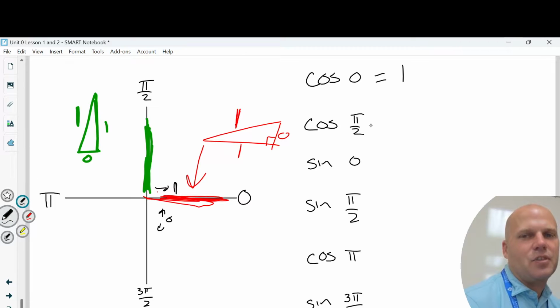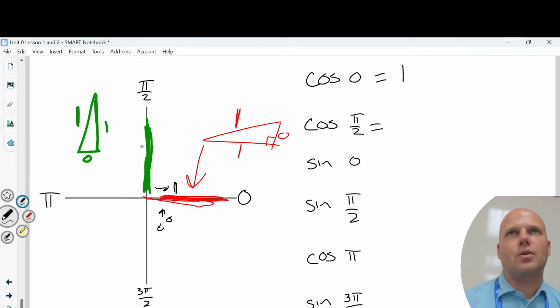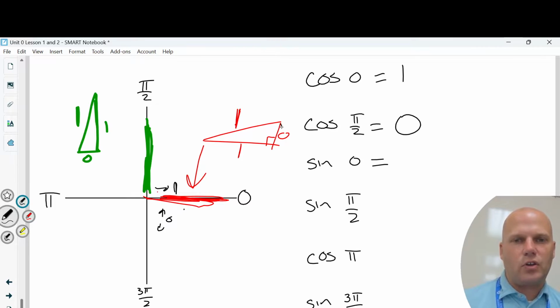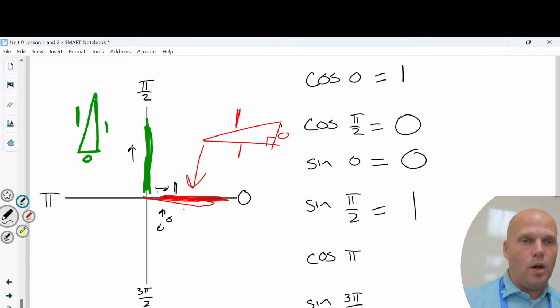Or you can go back to cosine's always the horizontal, here 0. Sine is always vertical. The vertical of this first one is 0, but the vertical of this second one is 1. I'm going up 1. That's my y displacement. I'm going left and right 0.